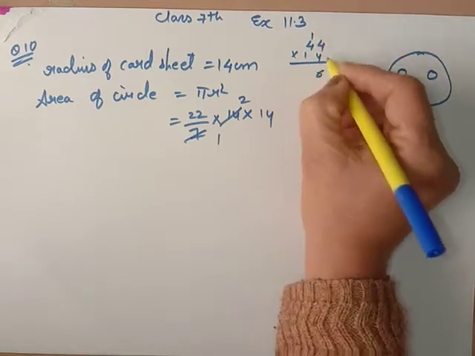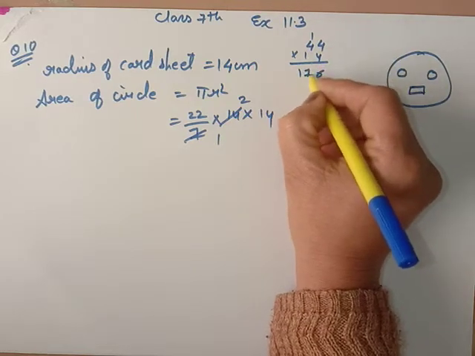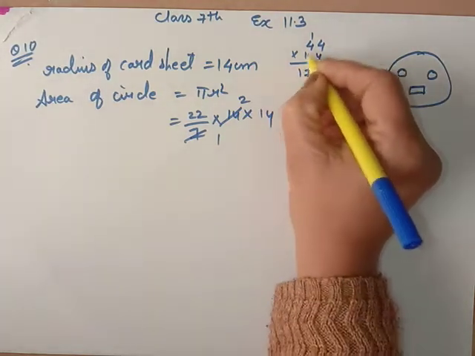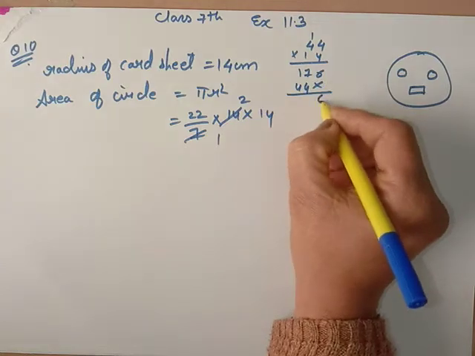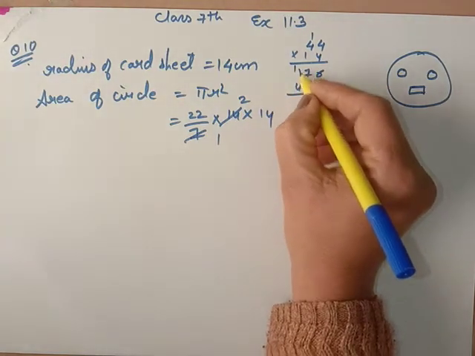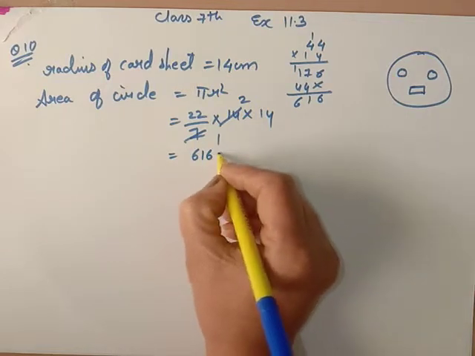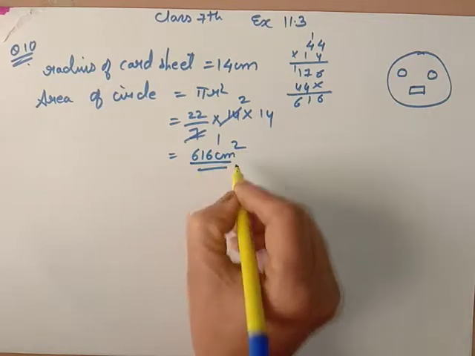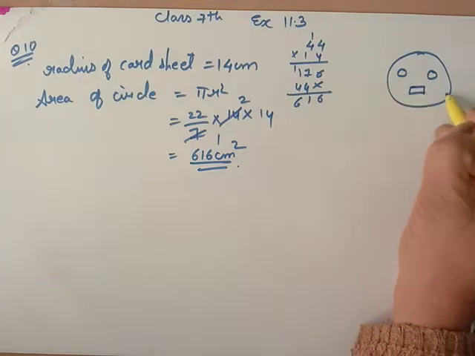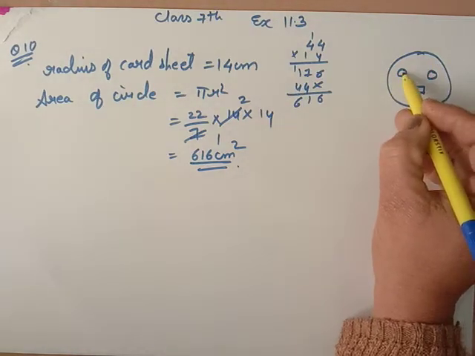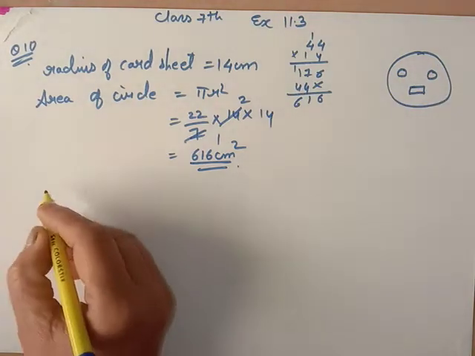The answer will become 616 centimeter square. Now we got the area of this card, but we have to remove this and this and this area.